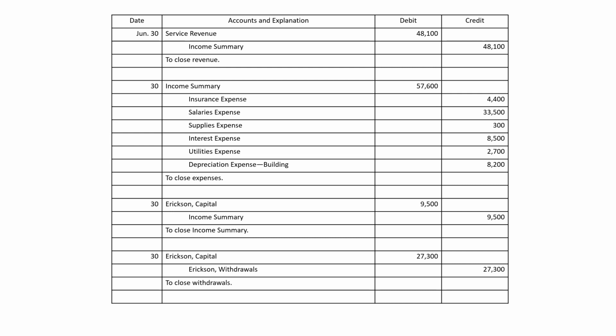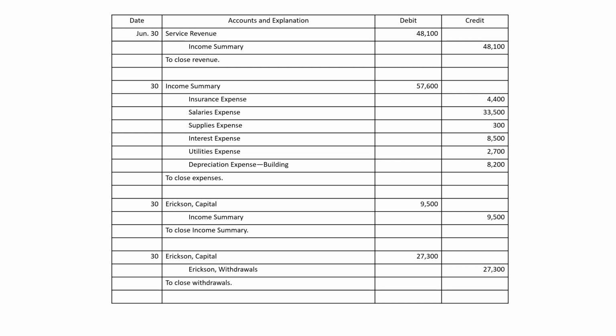Now, what I would suggest you do right now is create a T account with the word income summary on the top, and then post the first journal entry where we credit the income summary $48,100 and debit the income summary $57,600.